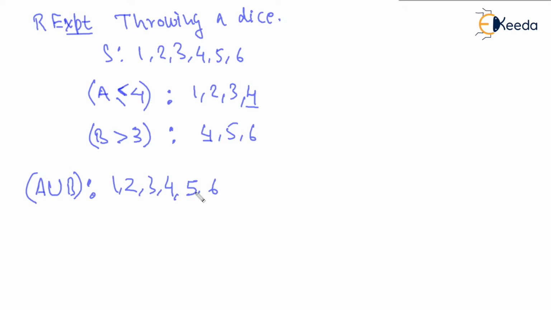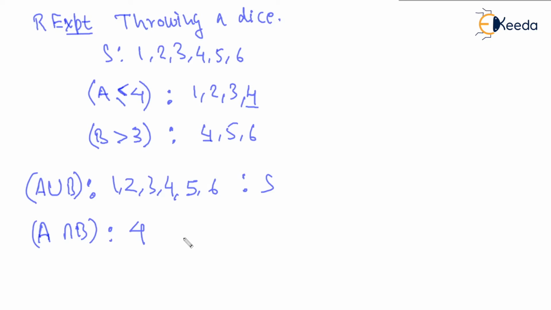So it is covering the entire sample space. And then A intersection B means something which is in A and B both. So again we can see we have this 4 in both A and B. So A intersection B means 4 in this case.